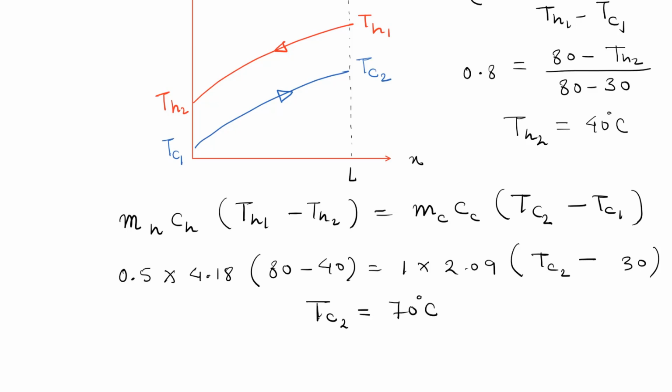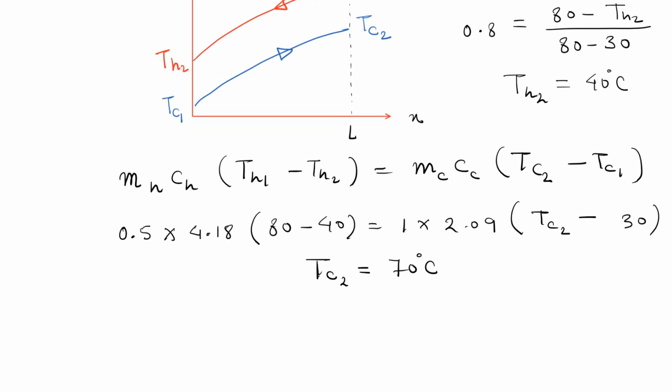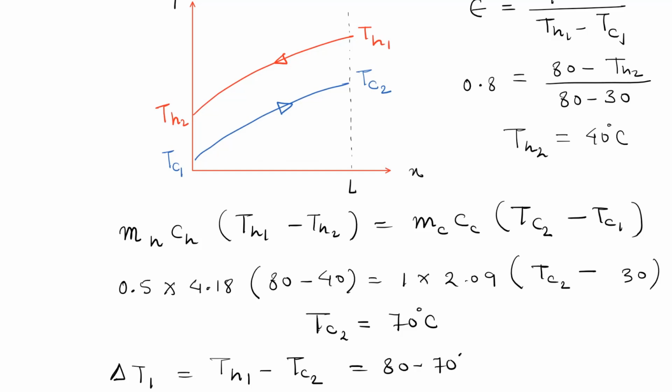Okay. Now the temperature difference delta T1 will be equal to TH1 minus TC2, that will be equal to 80 minus 70. The temperature difference here, this delta T1, here it is delta T2.